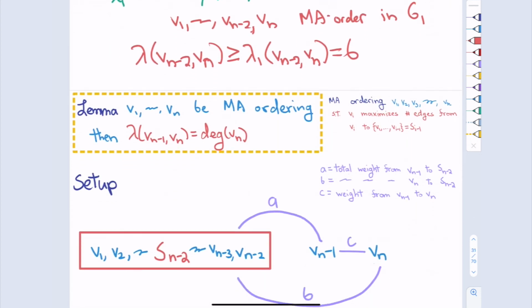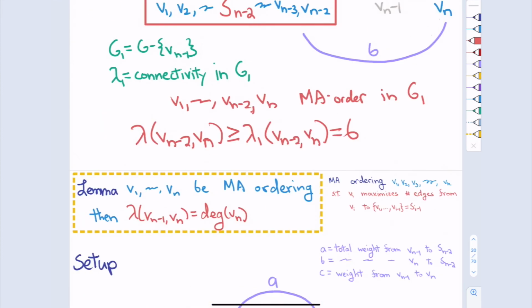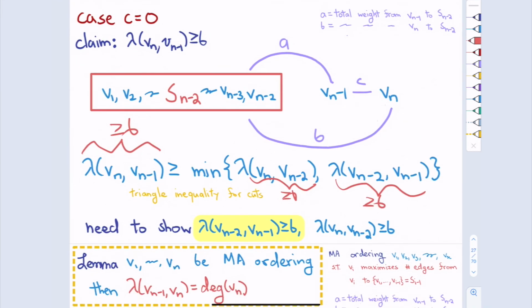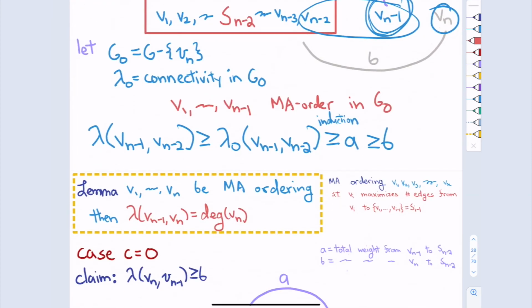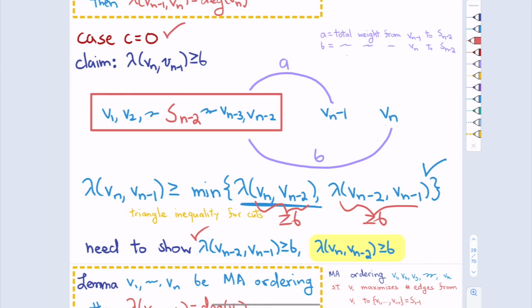All right, so, where was I? Okay, good. So we got this thing is at least b, this thing is at least b. So we're able to check off this case where c was equal to 0.